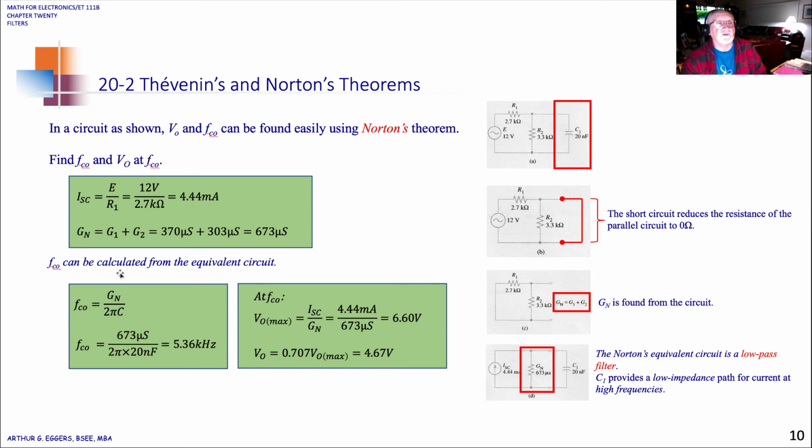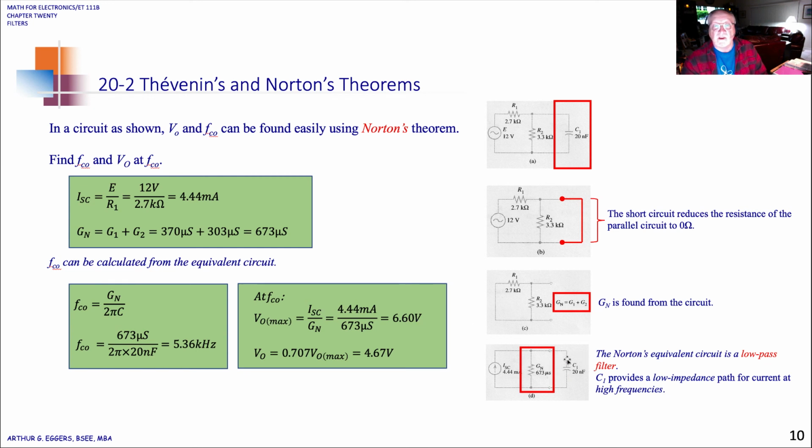The cutoff frequency can be calculated from the equivalent circuit, Gn divided by 2 pi times the capacitance, which gives us a cutoff frequency of 5.36. At that cutoff frequency, the I short circuit divided by the conductance gives us a V output maximum of 6.60 volts.